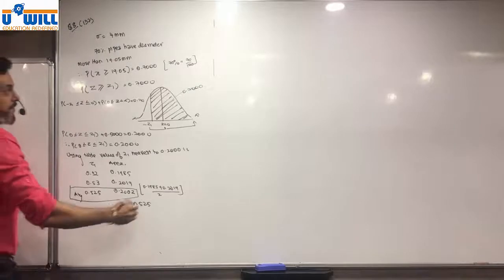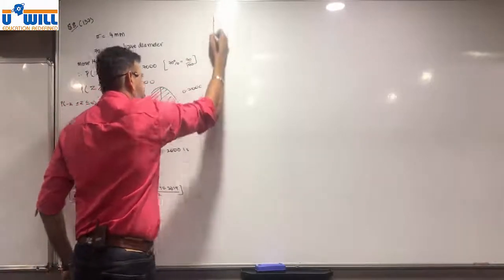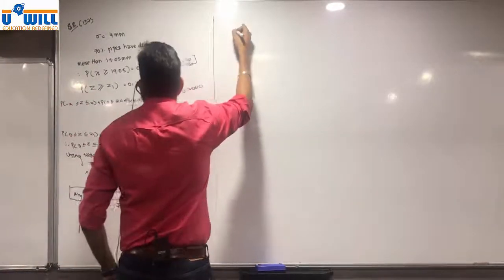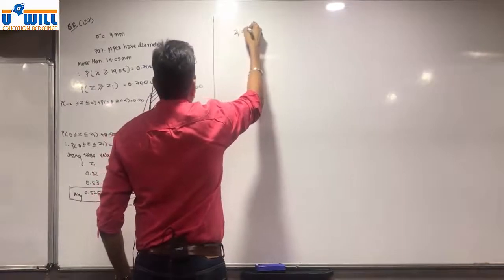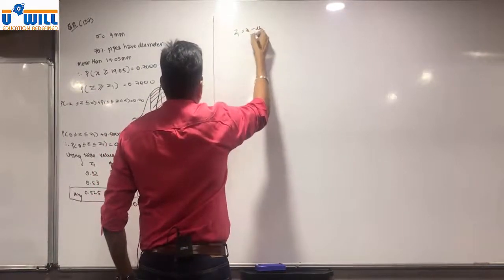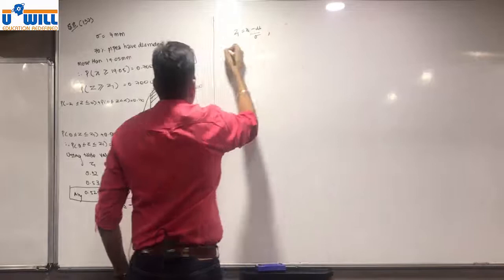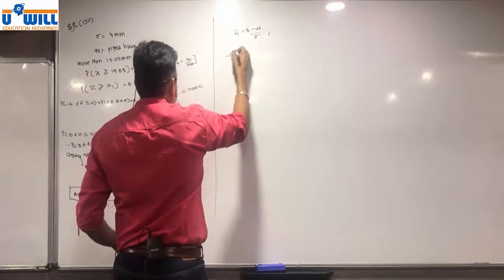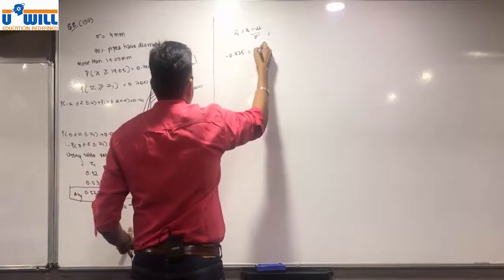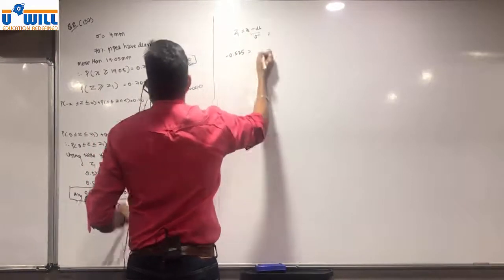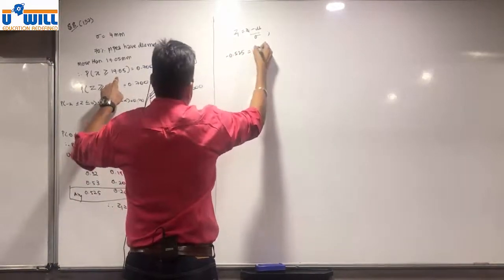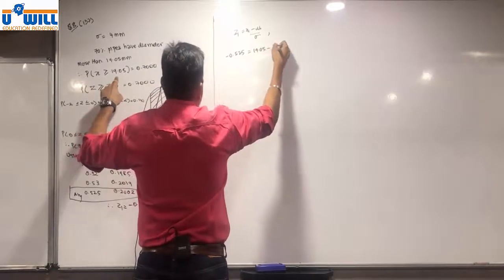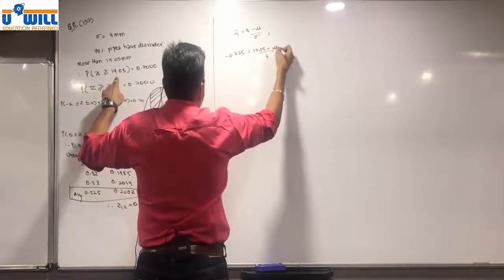Now using this, we find the value of mu. Z1 is equal to x1 minus mu upon sigma. So Z1, minus 0.525, is equal to x1, what is x1? x1 is 19.05 minus mu upon sigma, which is 4.